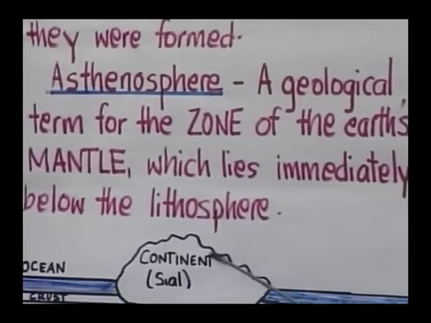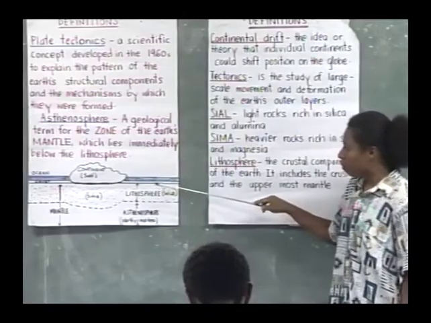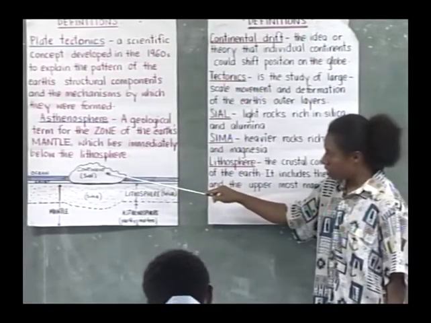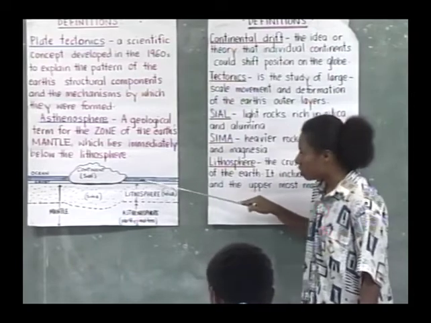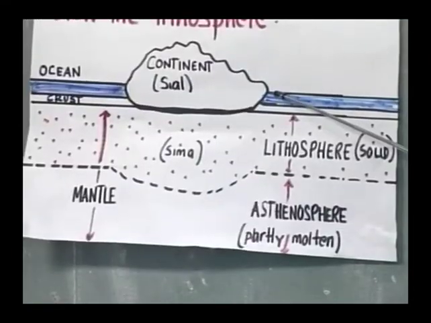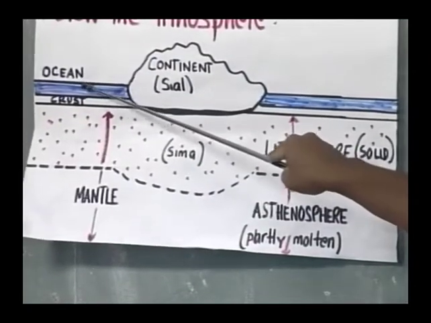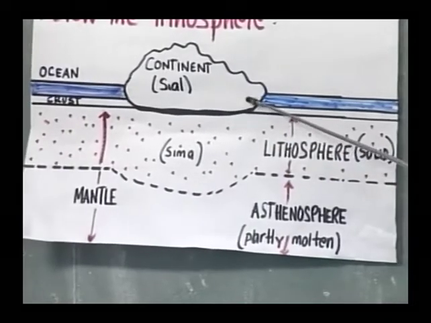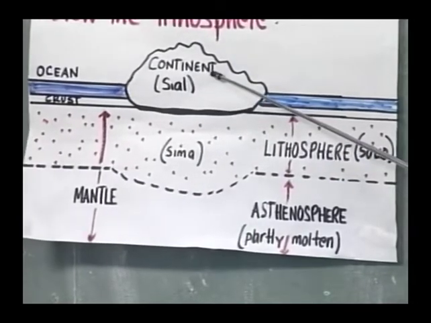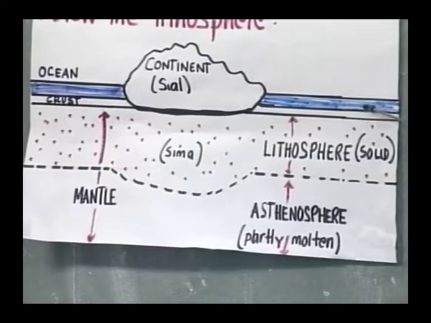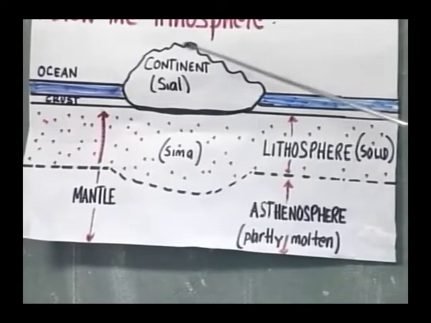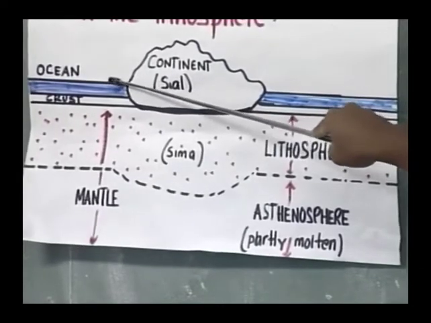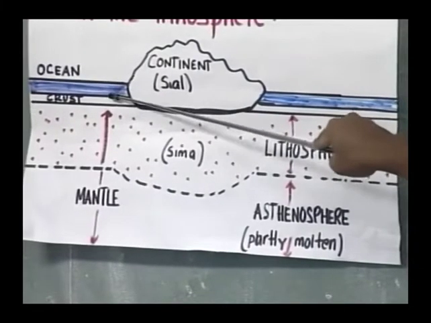So if we had to see that in diagrammatic form, you note the continents and the oceans, which both form the crust. Then you have the solid lithosphere. So the crust of the Earth actually would be that thin.